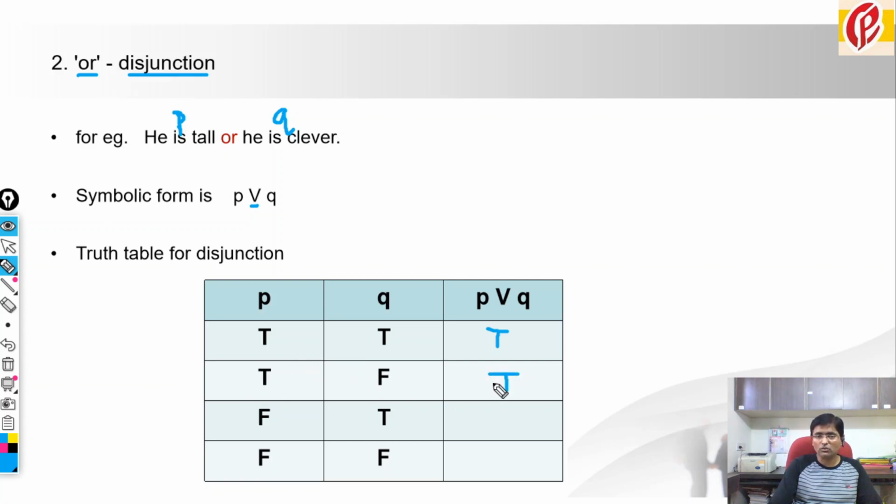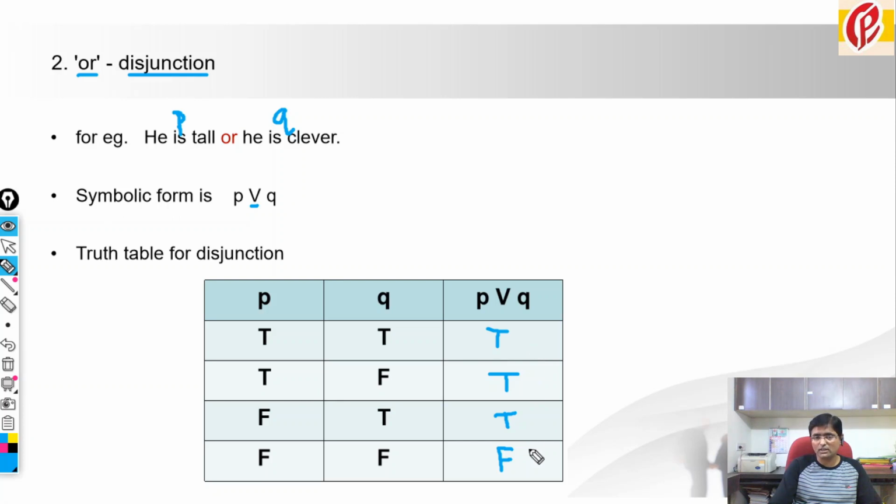Here also one of them is true, so this is true. But here both are false, so its truth value is false, F. So keep in mind, in disjunction, if both are true or one of them is true, then its truth value is true.